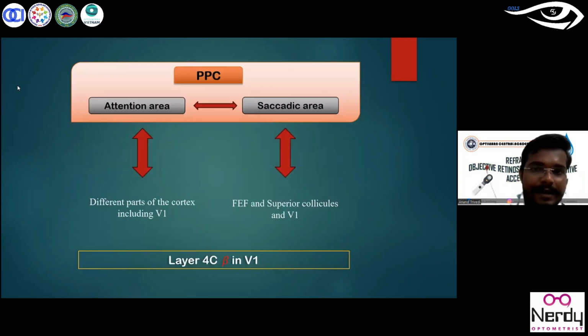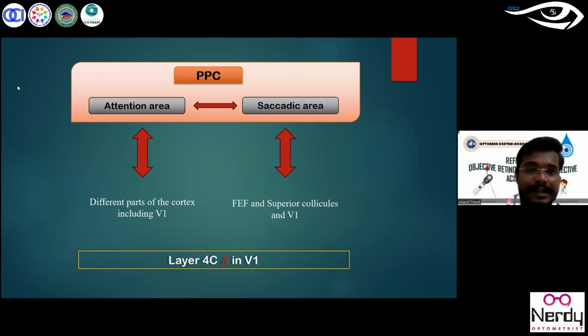Okay, so as I mentioned earlier, the PPC has an attention area and a secondary area, which are again interconnected. A strongly stimulated saccadic area sends negative impulses to the attention area, but the attention area sends positive impulses to layer 4C beta in V1.